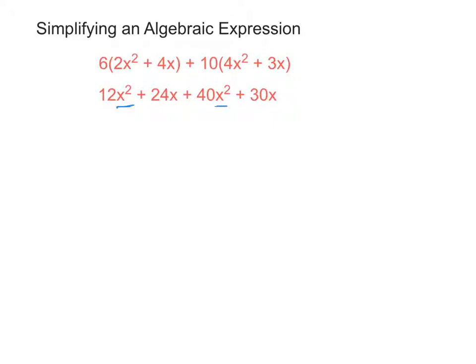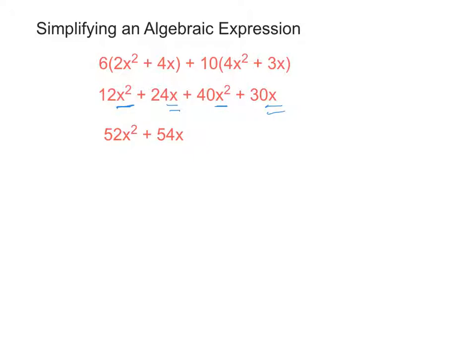So these two are considered to be like terms. Also, notice we have an x term right here and another x term right here. Those are considered to be like terms. So we can combine or add these like terms. So our result after combining these like terms is 52x squared plus 54x.